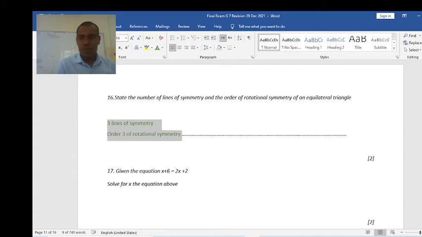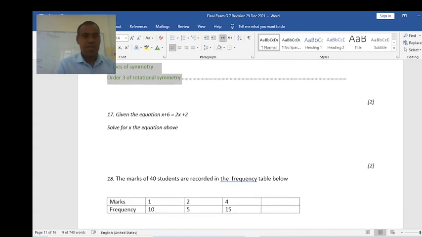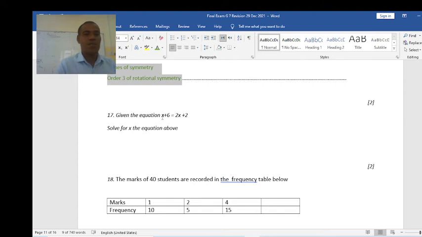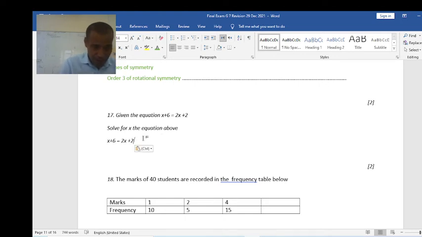Now given that x plus 6 equal to x plus 2, solve for x. It's very easy. I will just write it here again. This is x, I will put it here, it will be minus x. So I transferred this x here, okay, like that.